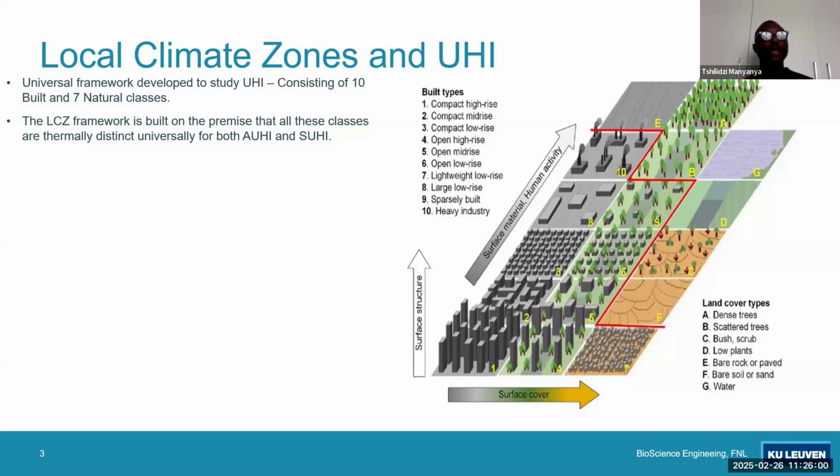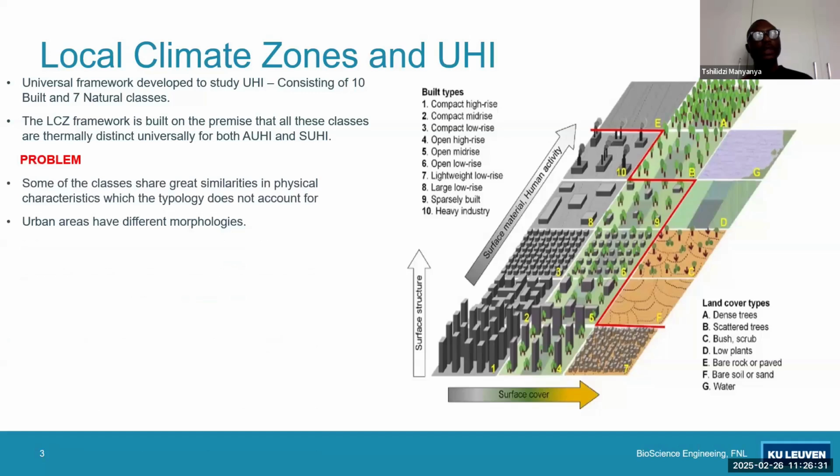This is a universally accepted framework that was developed particularly to study urban heat islands. It consists of 10 built and 7 natural classes. The local climate zone framework was established on the premise that all these classes are supposed to be thermally distinct, universally, for both the atmospheric and the surface component of the urban heat island.